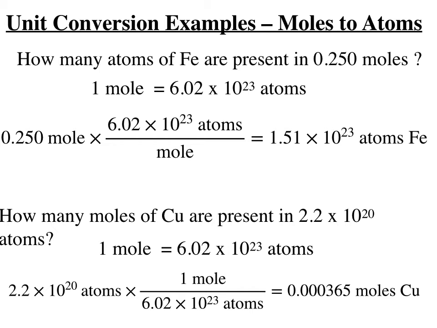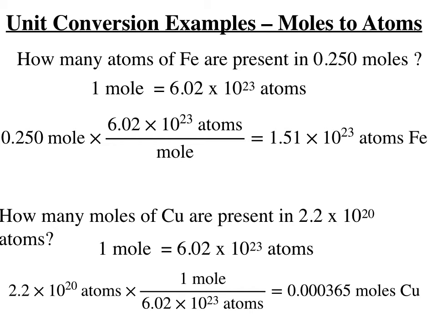So if I have a quarter mole of iron, and then I use Avogadro's number as a conversion factor, the units of it we can think of are moles and atoms. I will line it up so that the mole unit goes away. That means the mole part of the conversion factor goes in the denominator. That naturally puts the atom part of the conversion factor on the top.